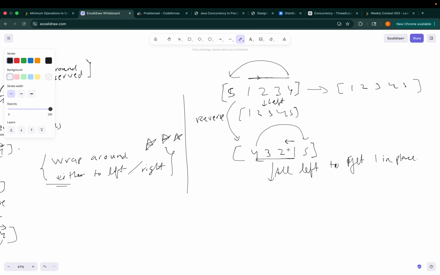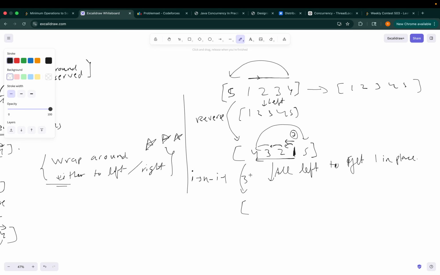So now it's just the index of this 1. After reverse, if you have an element like 1 at index I, it would go to n minus I minus 1. Here in this case it is at the third position, 0 1 2 3. So you just do 3 left rotations, 1 2 and 3.